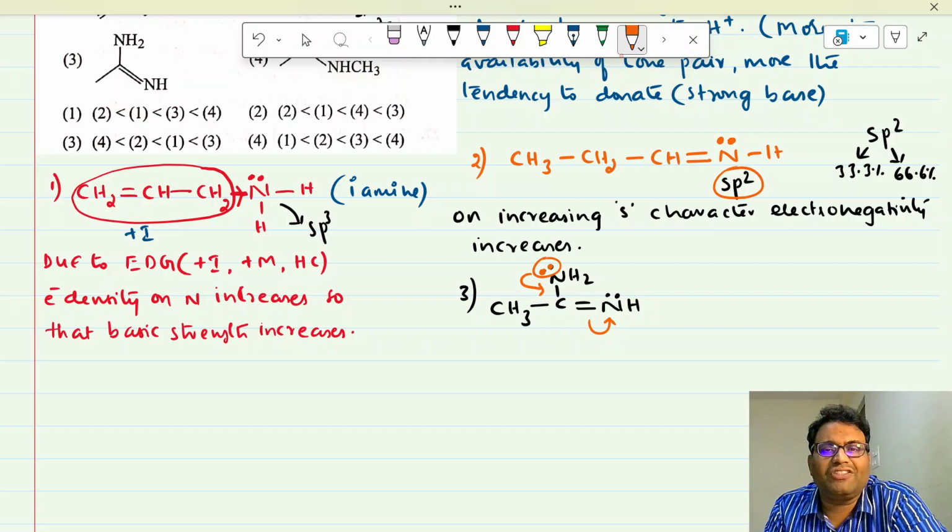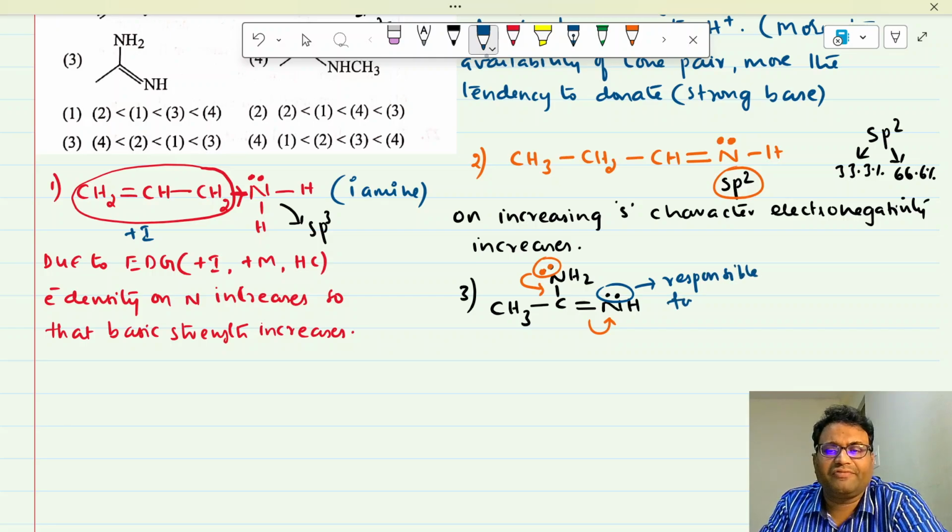Which pair of electrons is responsible for basic nature? This pair of electrons, the one in blue color, is responsible for the basic nature of this compound.